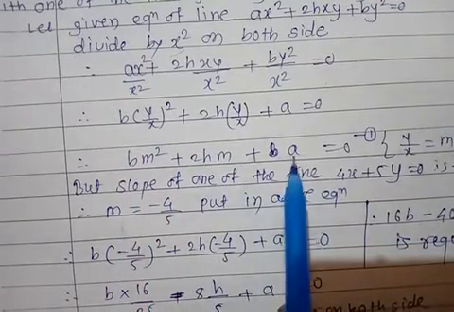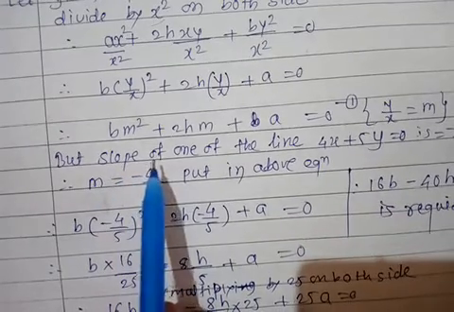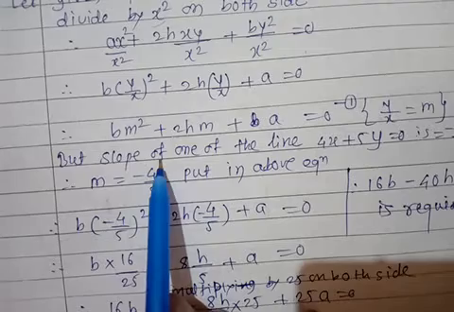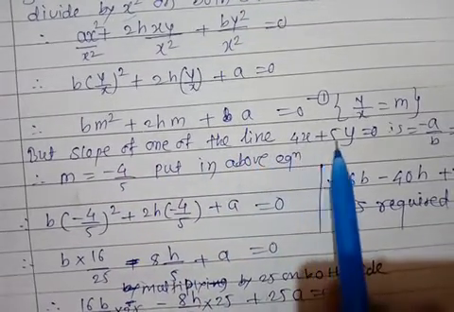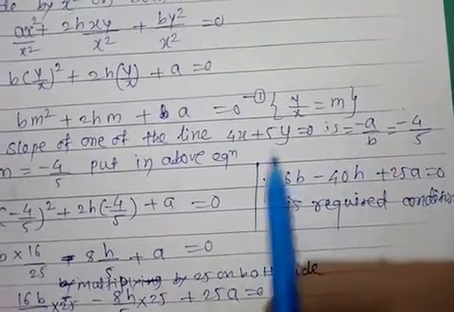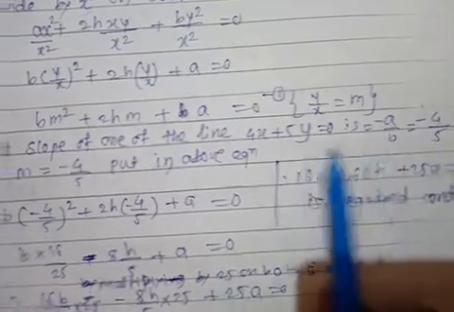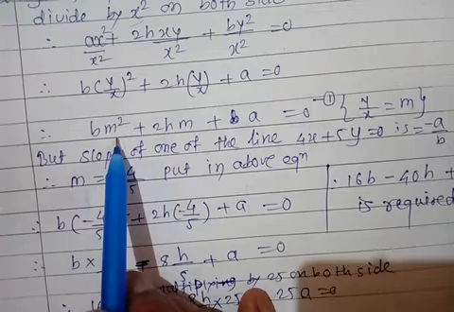But one of the lines is given, so you must find the slope of that line first. The slope of the line 4x plus 5y equal to 0 is minus a by b, where a is 4 and b is 5, so the slope is minus 4 by 5. Put this minus 4 by 5 in the equation at the place of m.